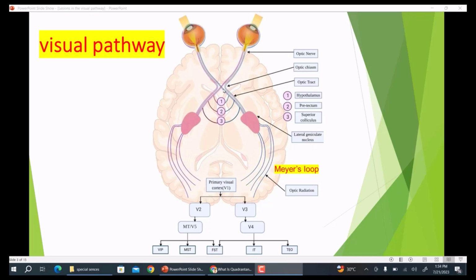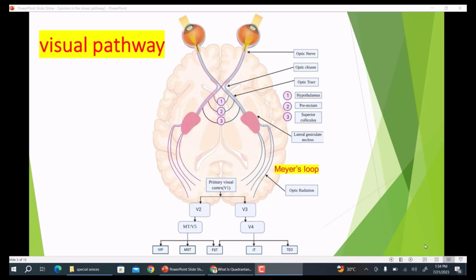The nasal and temporal fibers constitute the optic tract and end in the lateral geniculate body, from where, through the optic radiation, signals are transmitted to the visual cortex by two loops.